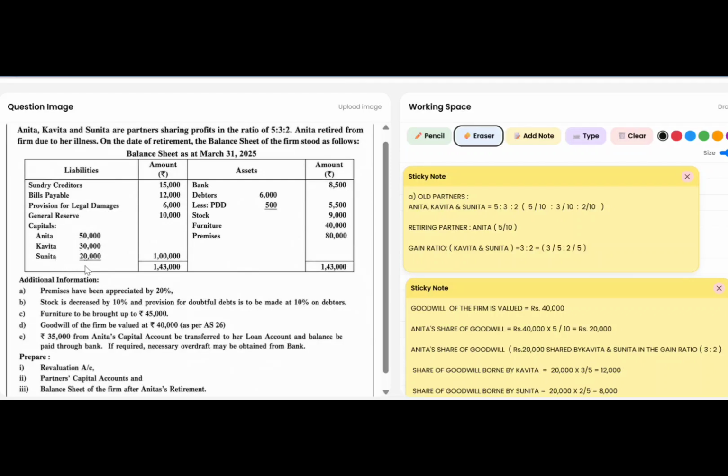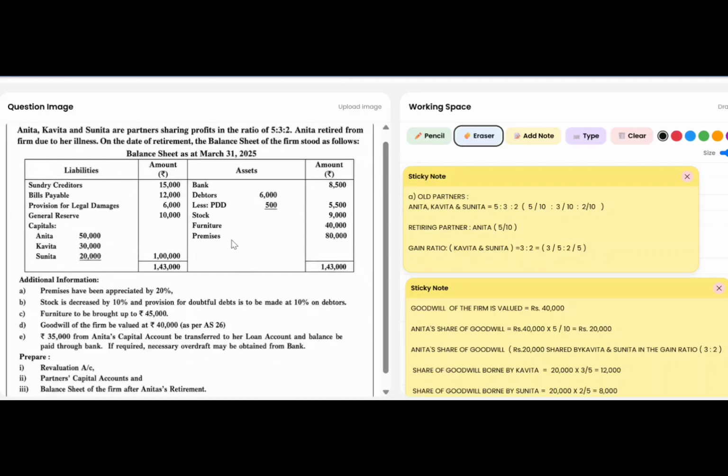Now on the asset side we have bank 8,500, debtors 6,000 less PDD 500, which will be 5,500, stock 9,000, furniture 40,000, premises 80,000 will also go to the new balance sheet.